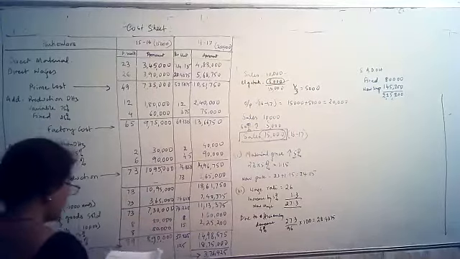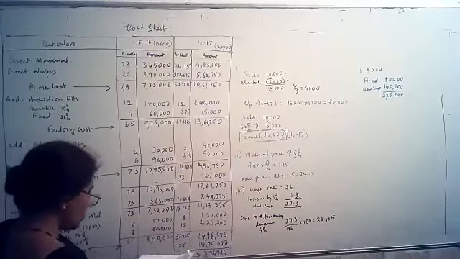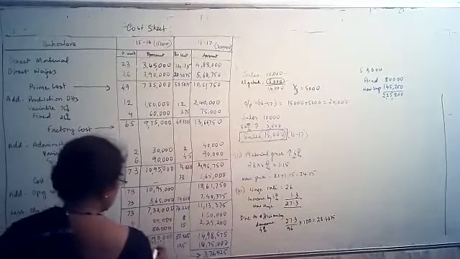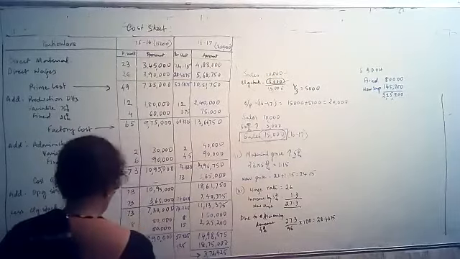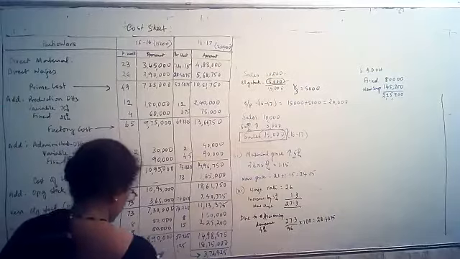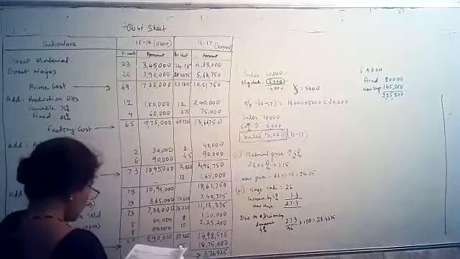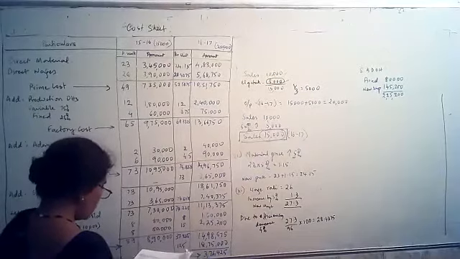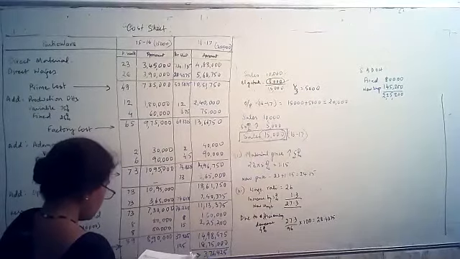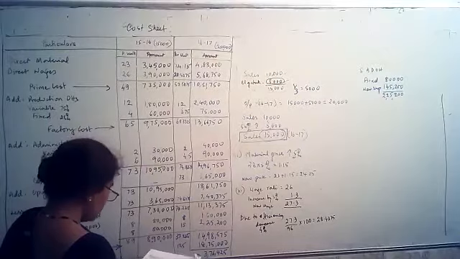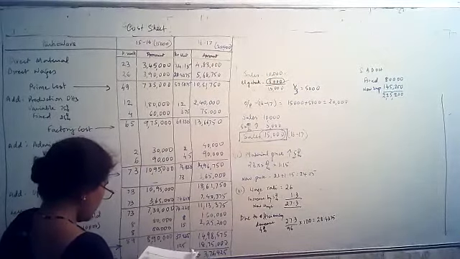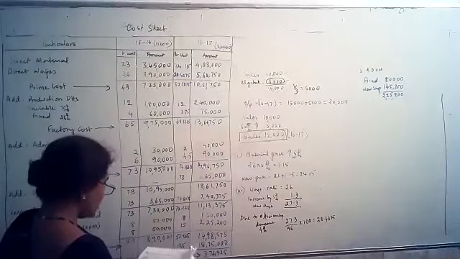If profit is divided by number of units sold, I will get, sorry, this is wrong, I think, right? How much is it? 14,98,575 divided by 15,000.